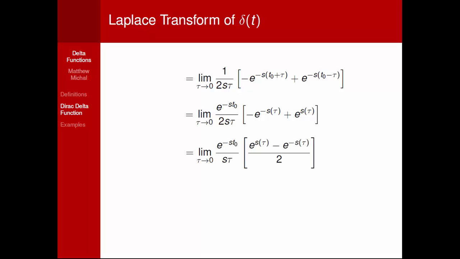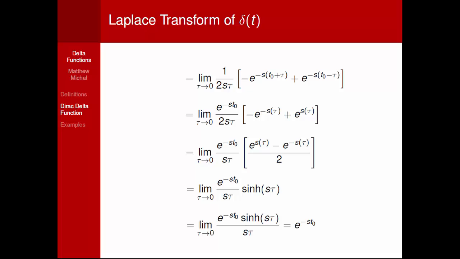Some interesting things start to happen. If I move the 2 in and rearrange the things inside the bracket, this looks remarkably like sinh, the hyperbolic sine function. And my sinh of s tau over s tau looks remarkably like what I have for sine of x over x as x goes to 0.